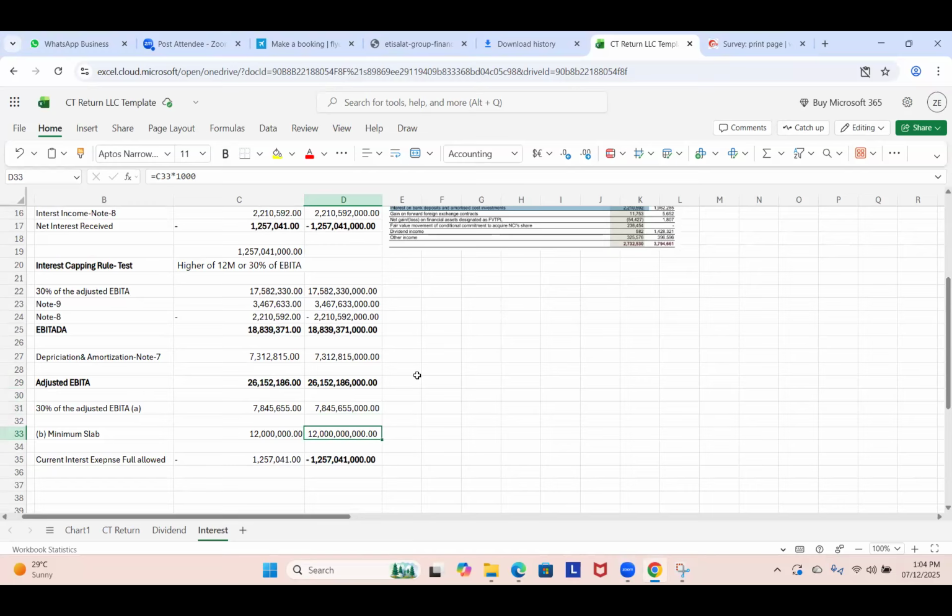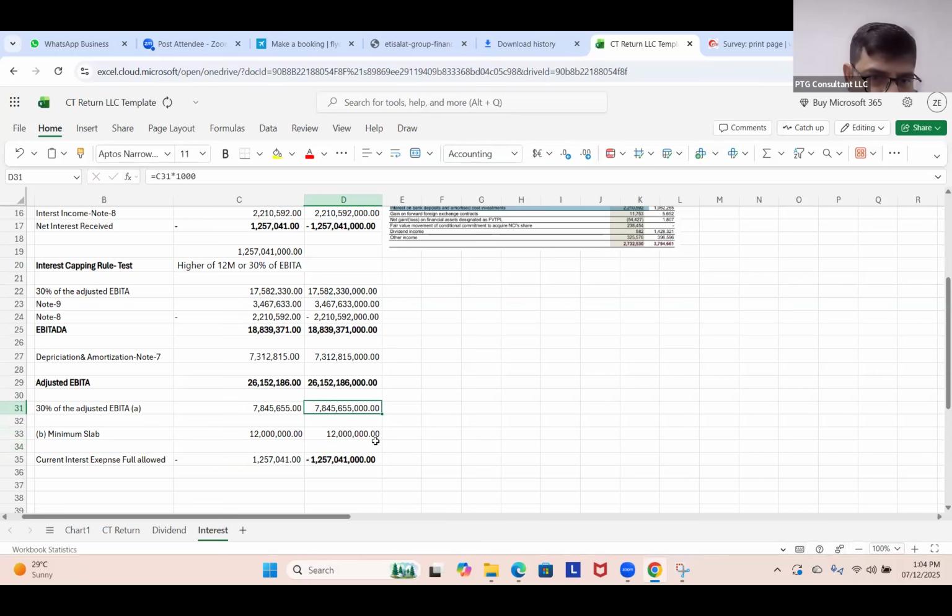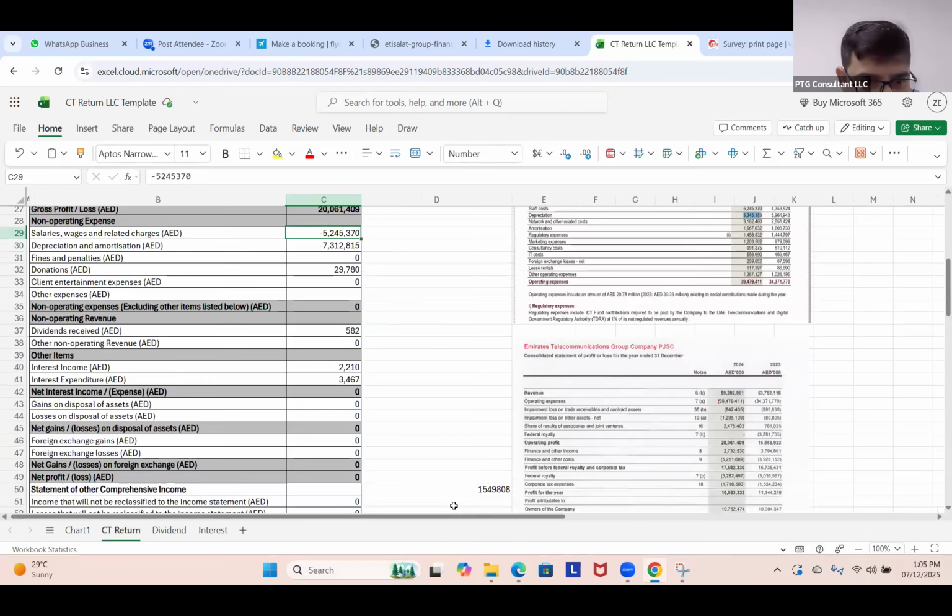My bad. But still we are on the safer side, because 7.8 million versus 1.2 million, whichever is higher. So we'll take the 7.8 million. Now everybody agrees that up to 7.8 million is allowed.